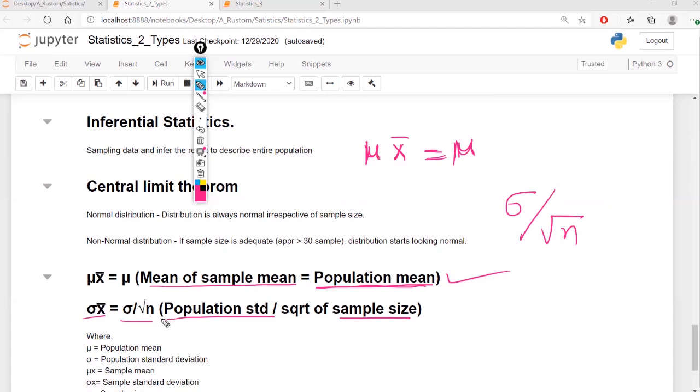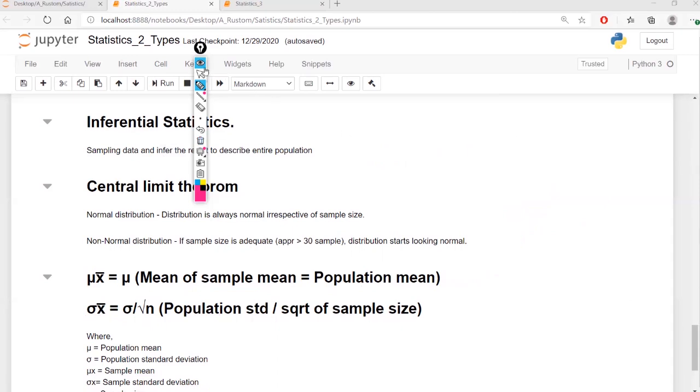If I apply this formula, I will get the sample standard deviation. As you can see here, mu is the population mean, sigma is the population standard deviation, mu x is the sample mean, sigma x is the sample standard deviation, and n is the sample size. So that's how you can interpret this formula.